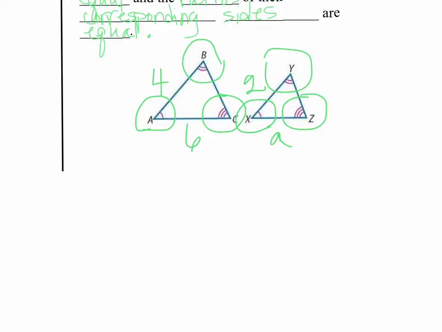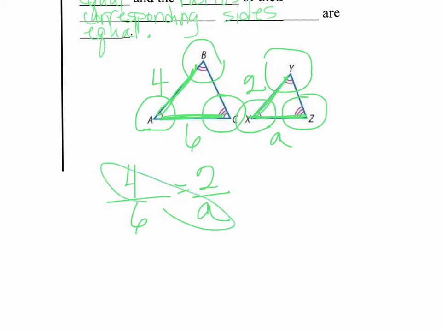And we'll determine that. Take the 4, put it over the 6. That was the side over the bottom, equal to, go over to the side over the bottom. You have to continue with the same pattern. Now do your cross products. You get 4A equal to 6 times 2.